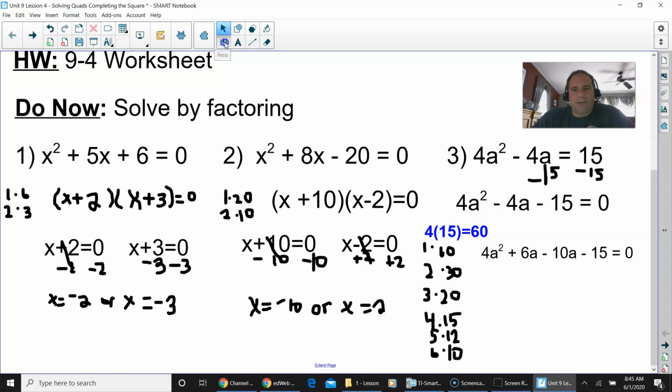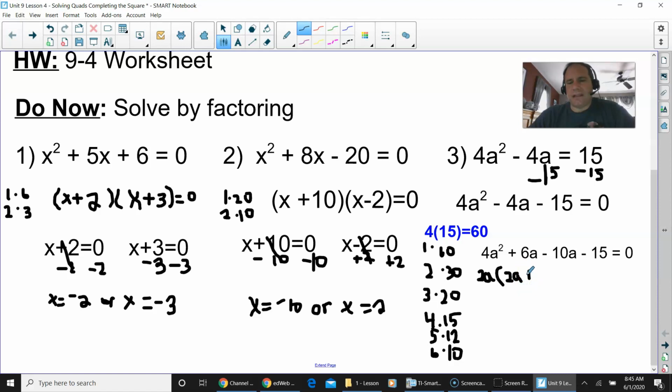All right, so now we go ahead and take out the greatest common factor of the first two terms right there. 2a is the greatest common factor. 2a times 2a equals 4a squared, and 2a times 3 equals 6a.